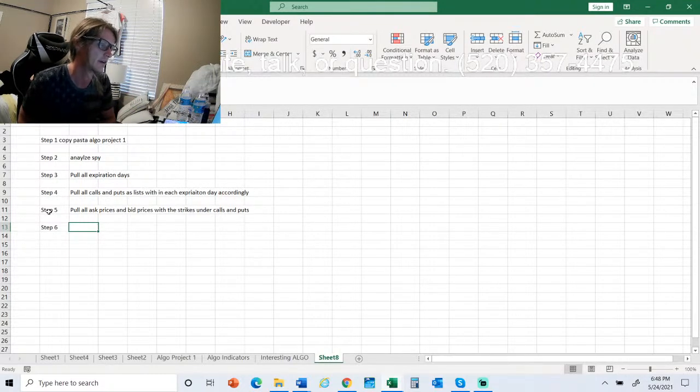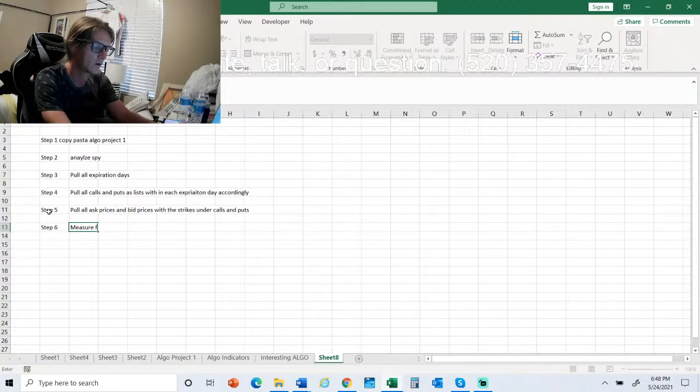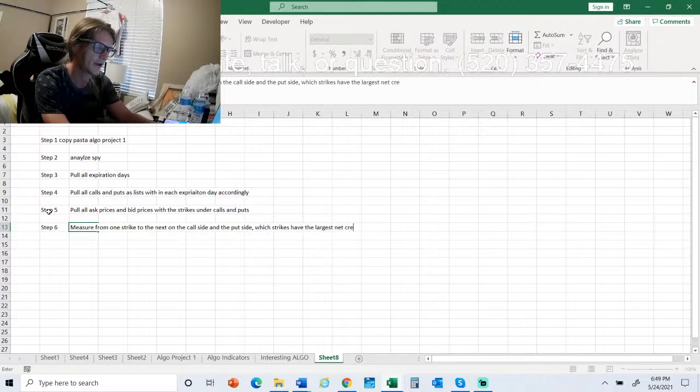After that, step 6, we're going to say: measure from one strike to the next on the call side and the put side, which strikes have the largest net credit spread between each other, using only a one-strike differential.